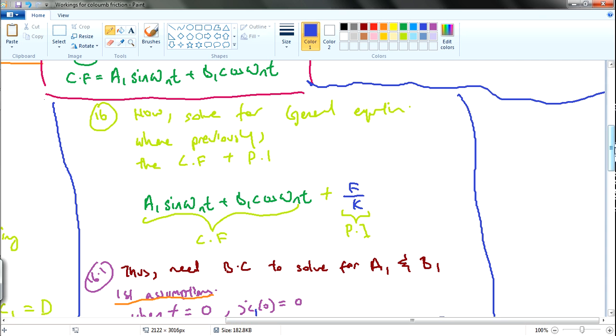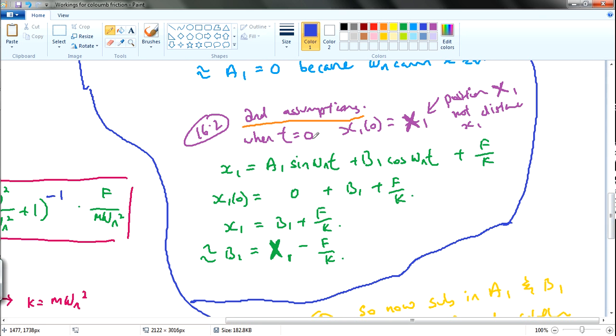And then we sub in t equal to 0. Therefore, this one will eventually go to 0, and this one will become plus, because cosine 0 is equal to 1, so b1 only, b1 plus the particular integral.